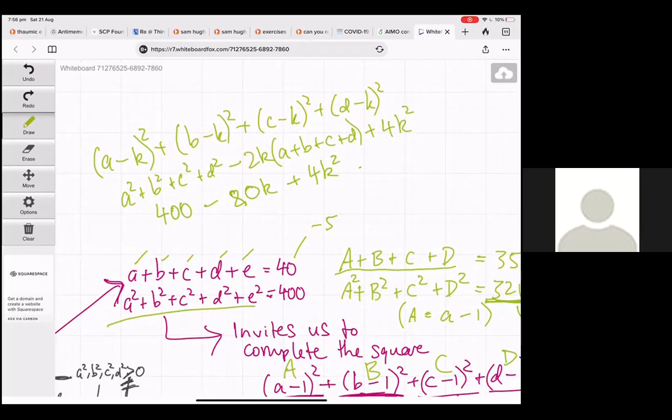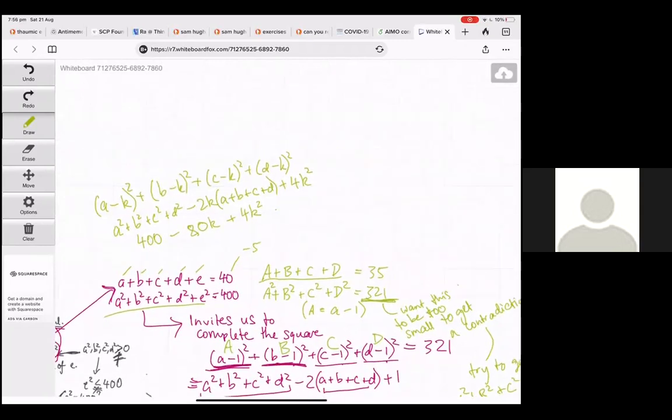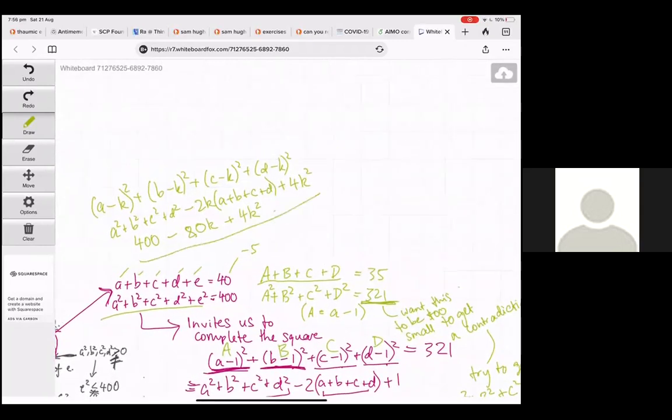So let's just try and get a smaller number to begin with. Maybe not make it equal to 0. So let's try 8. A minus 8 squared plus B minus 8 squared plus C minus 8 squared plus D minus 8 squared.